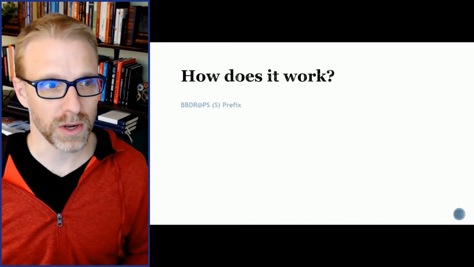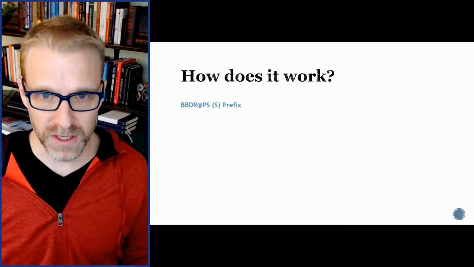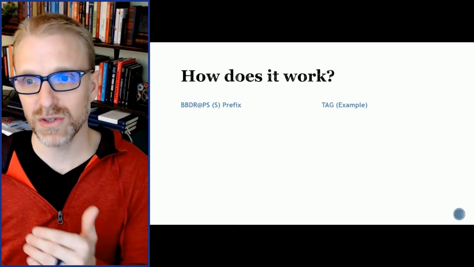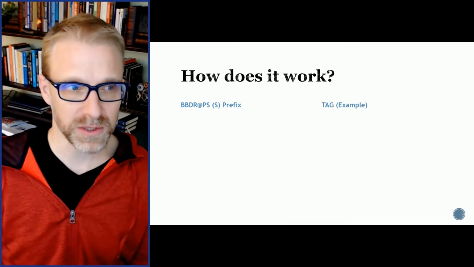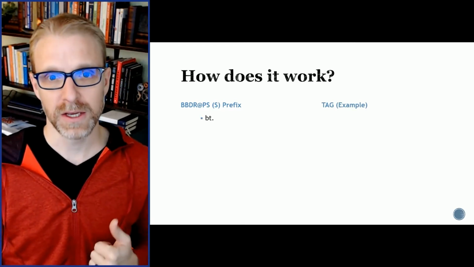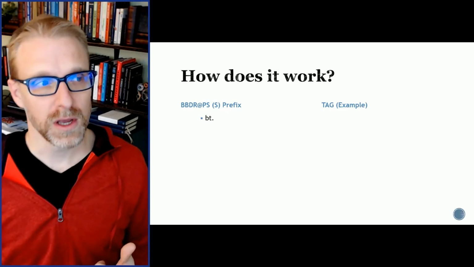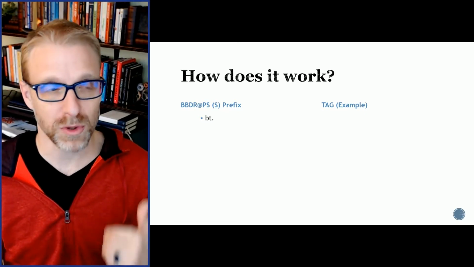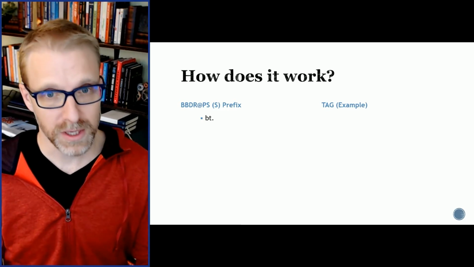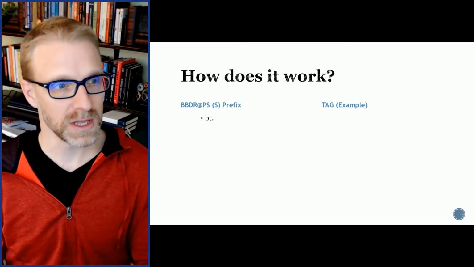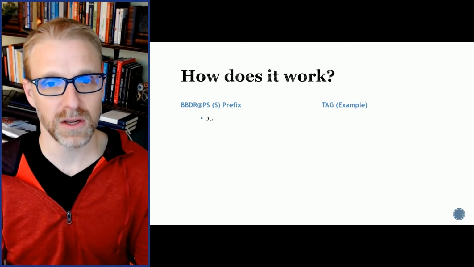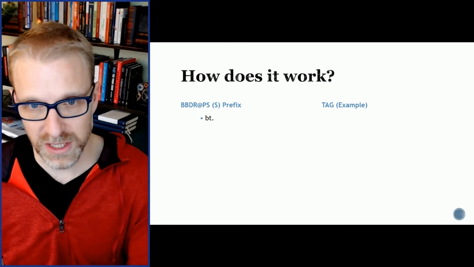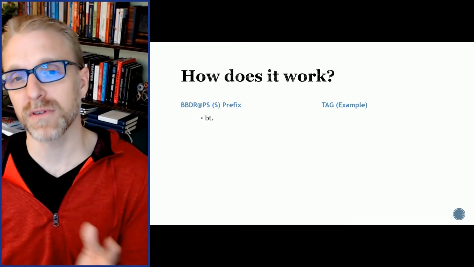How does this work? We have a prefix that's connected to the actual tag, and I'll give you some examples for each of them. The prefix for the first one, which represents a Bible or a book type, is BT. We leave the prefix in lowercase, so BT dot, and then the tag.